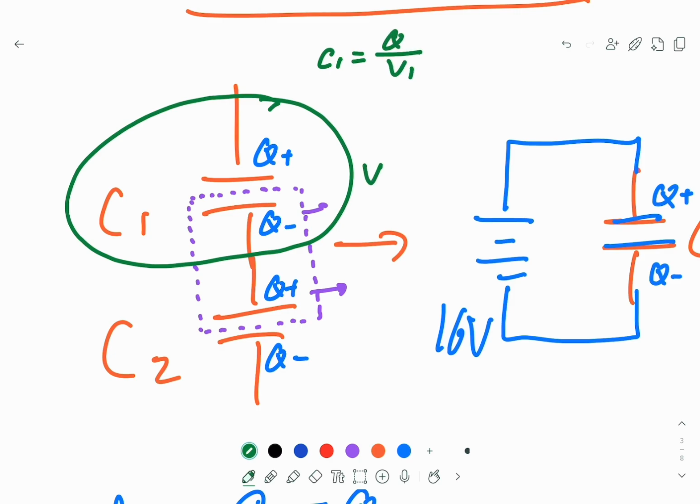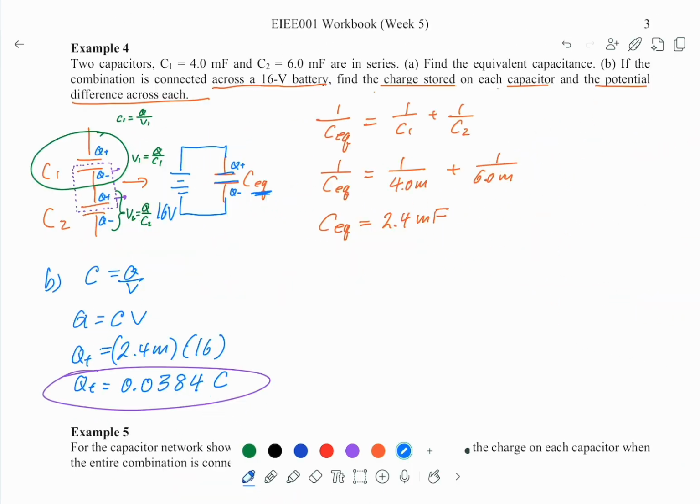So V1, the voltage across the first capacitor, is equal to Q over C1. And by the same argument, the voltage across the second capacitor, V2, is Q over C2. Okay, let's do it. So V1 equals Q over C1. Q is the same, 0.0384.